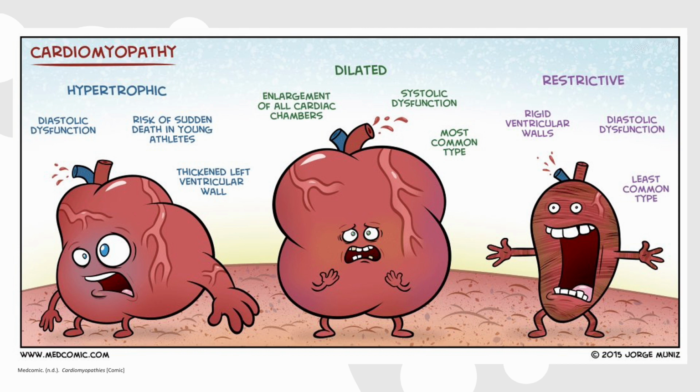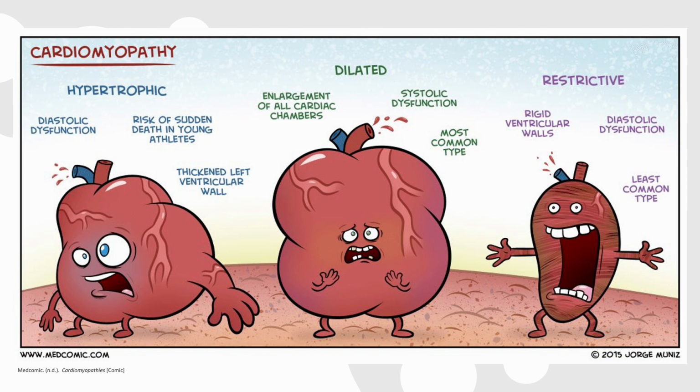like we discussed. In the middle, we have the most common type of cardiomyopathy, dilated cardiomyopathy, which pertains to decreased systolic function, and in terms of anatomical structural changes, an enlargement of all cardiac chambers.